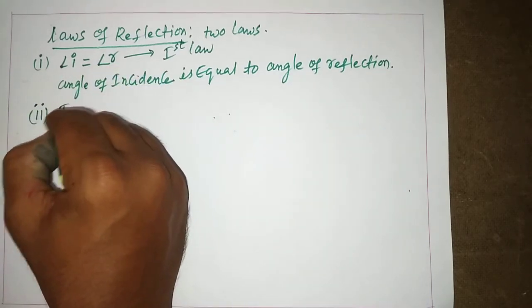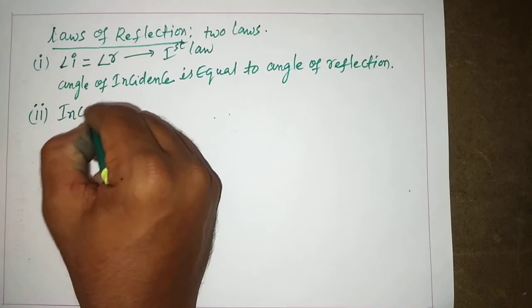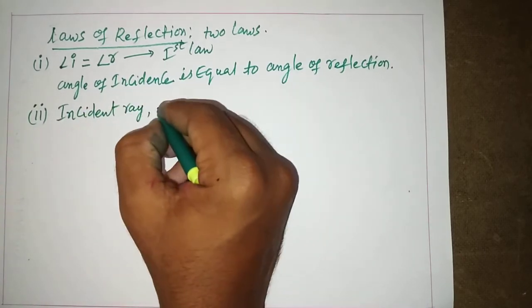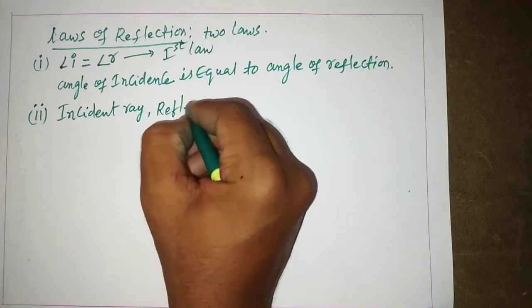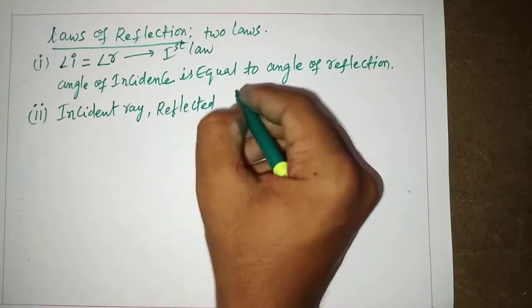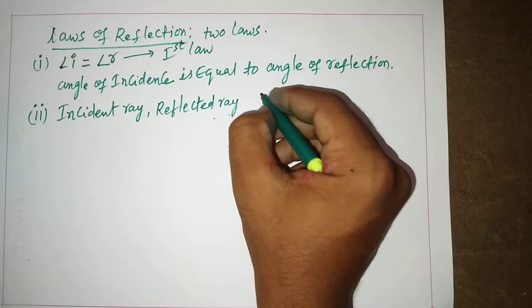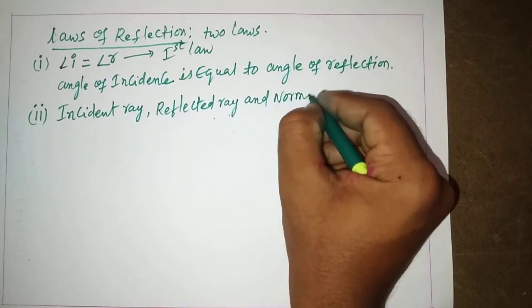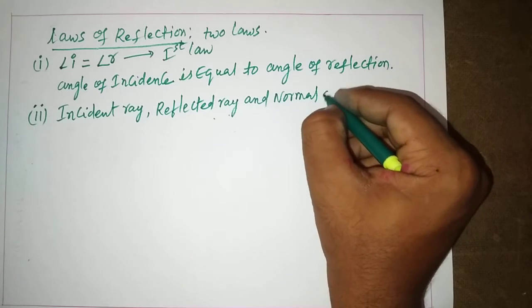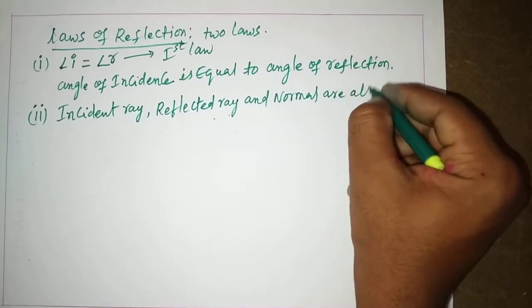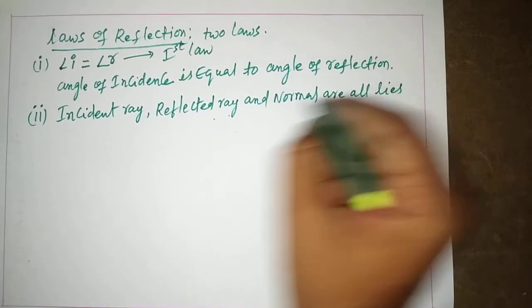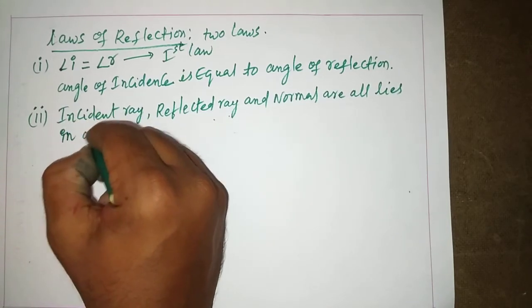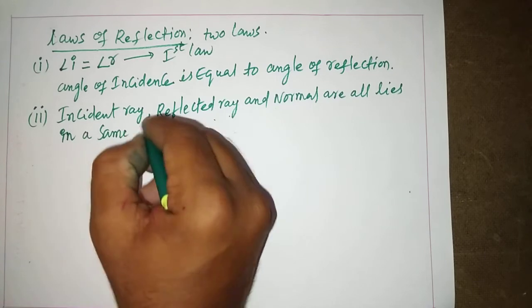Let us discuss the second law. The second law is nothing but: incident ray and reflected ray and normal are all lies in a same medium.